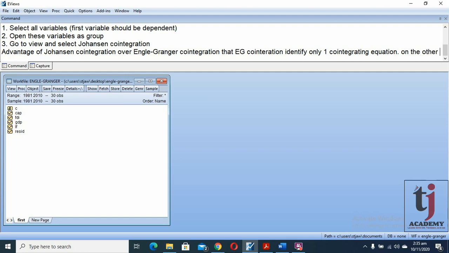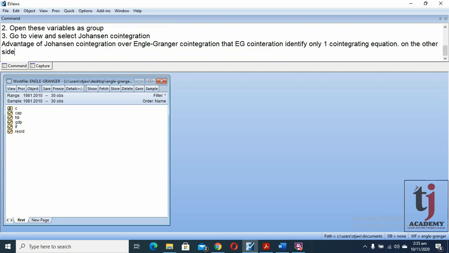On the other side, Johansen cointegration can identify more than one cointegrating relationship.